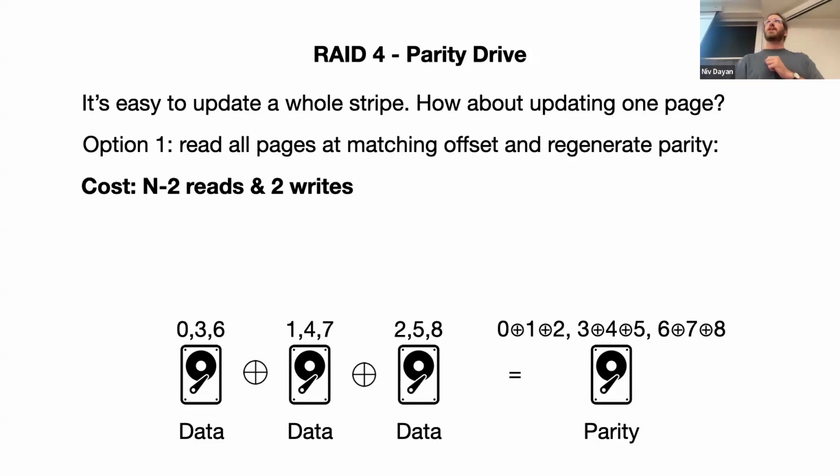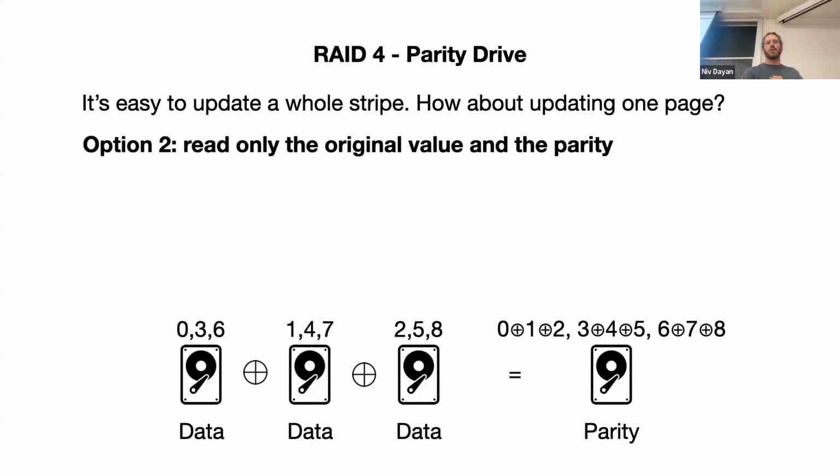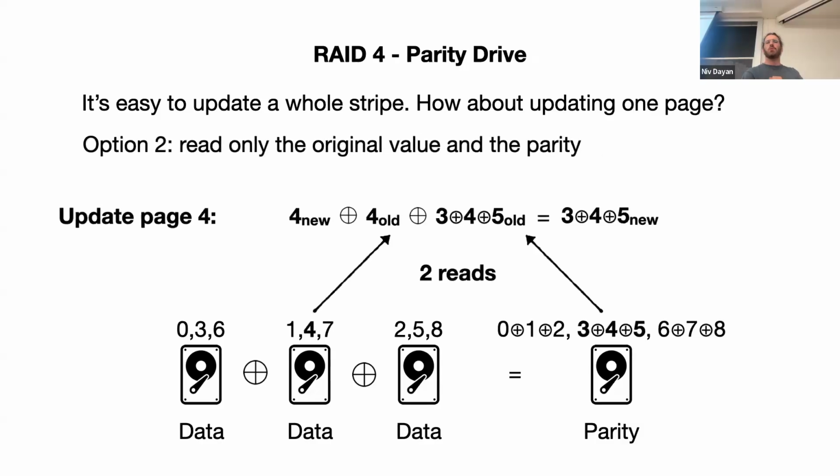Yeah, so I think you're saying the right thing. Okay, so what we can do, I think this is what you said, is take the original parity and just read that instead of reading all the other pages. So we're going to read the parity, and we're going to read the original value of 4, and we're going to XOR them.